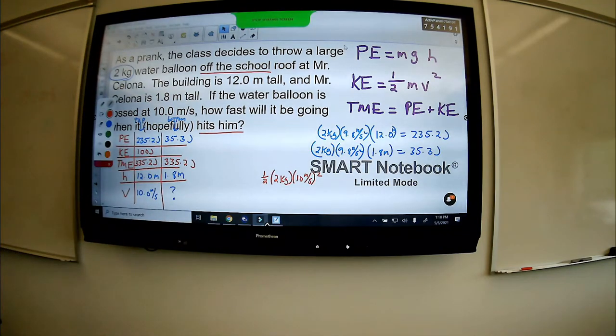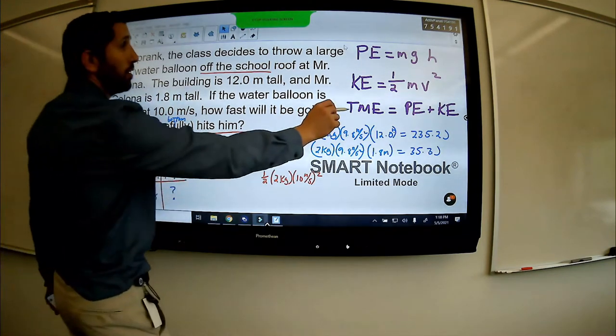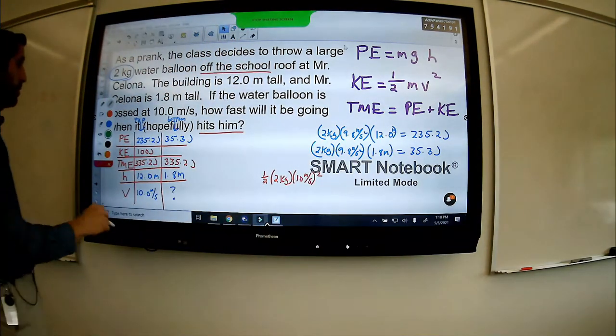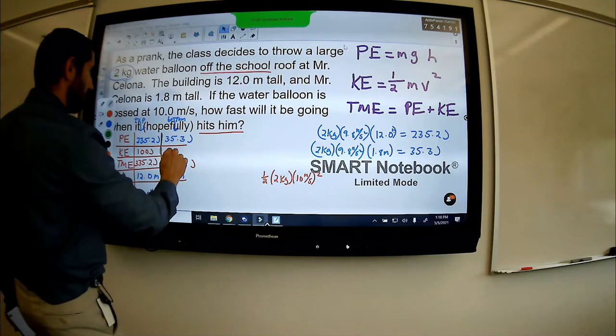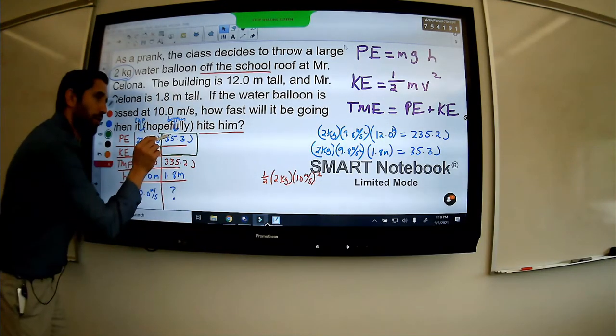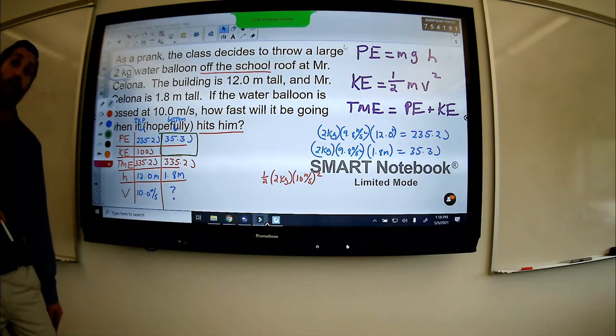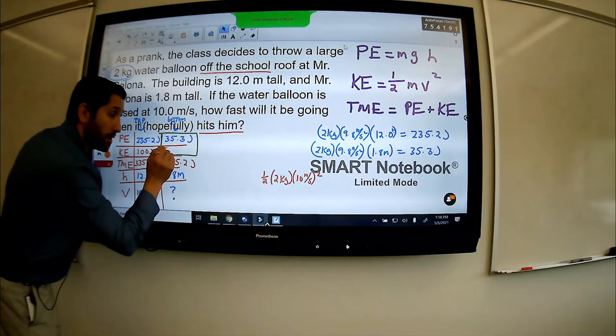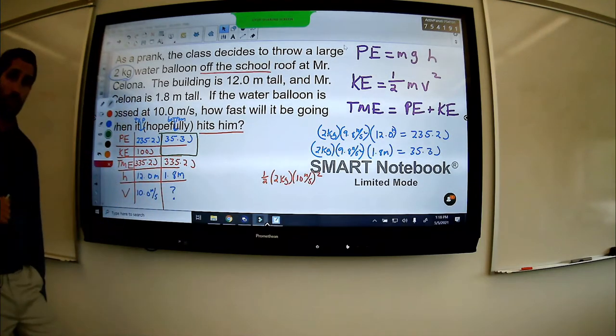Now remember something. Potential plus kinetic has to add up to the total mechanical energy. Take a look right here. The 35.3 joules of potential energy that I have at the bottom, plus however much kinetic energy, has to add up to this number.